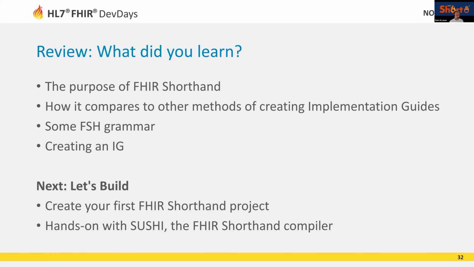There's lots of reference material. If you just Google FHIR Shorthand build session, you can create your first FHIR Shorthand project using our COVID example, and you can get some hands-on experience with SUSHI and build yourself your IG.